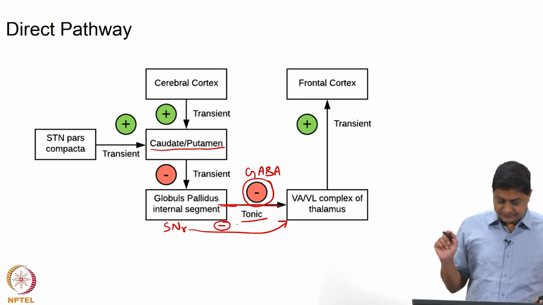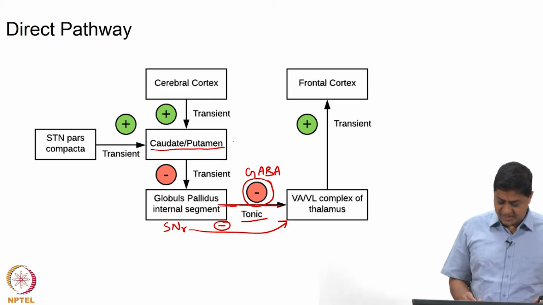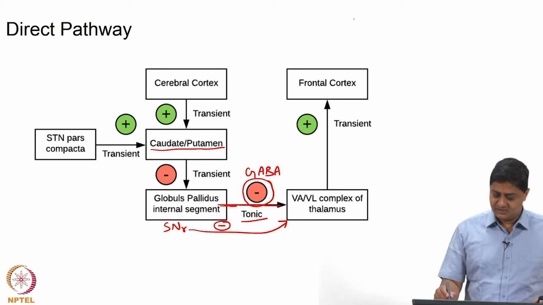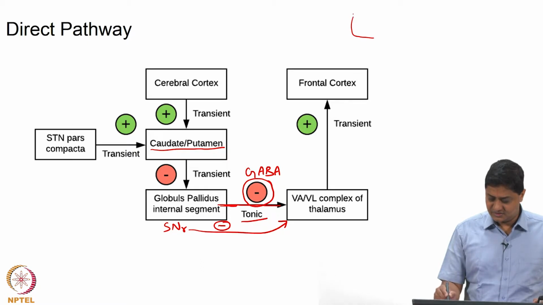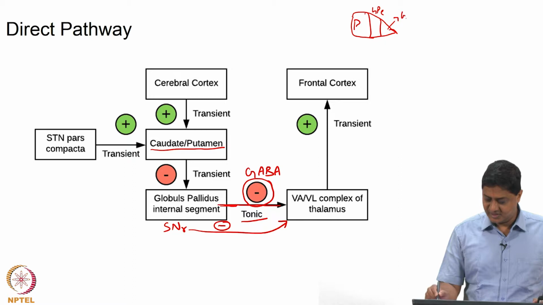Now, from the striatum, let us say that is putamen, that is GPE and that is GPI.